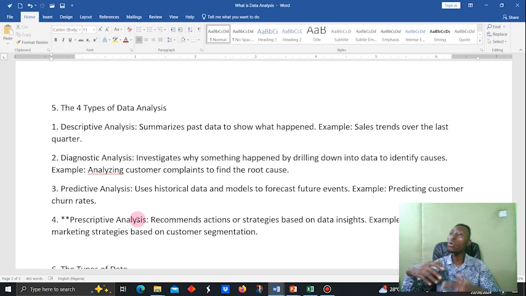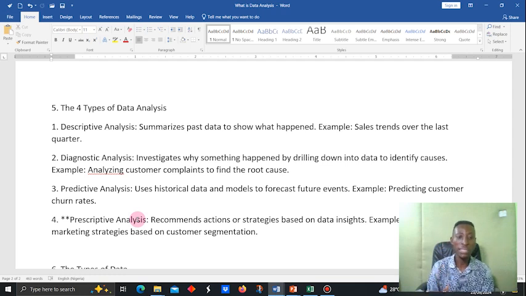All right, we need to know what happened in the past, the sales trend over the last quarter. We need to know our history so that we can properly look at what the future holds for us.